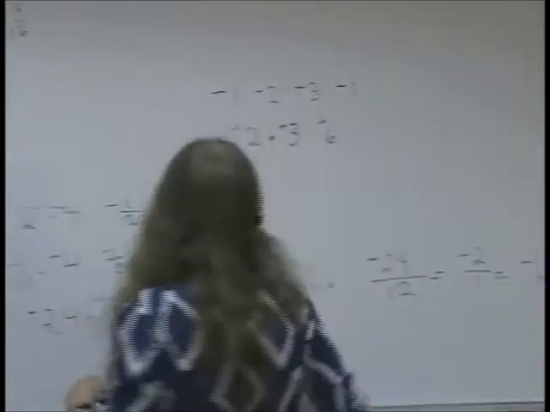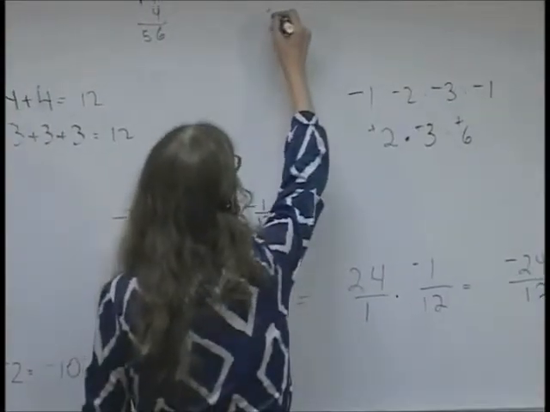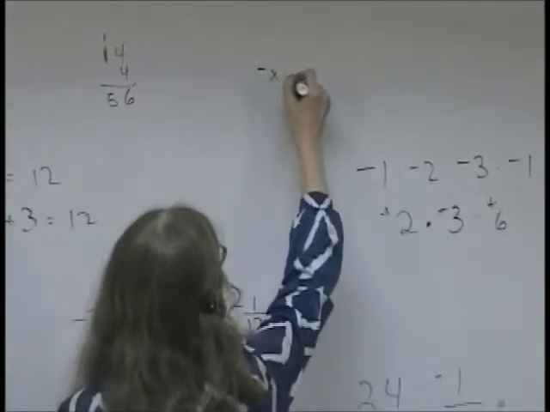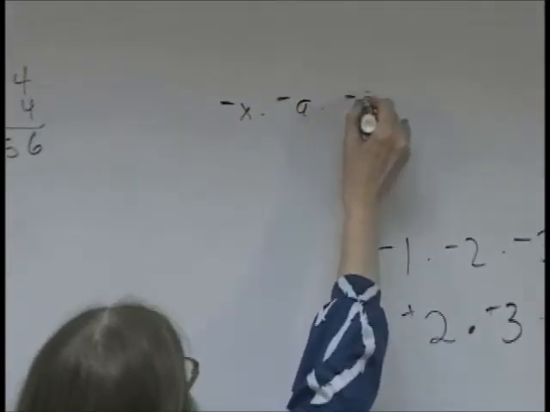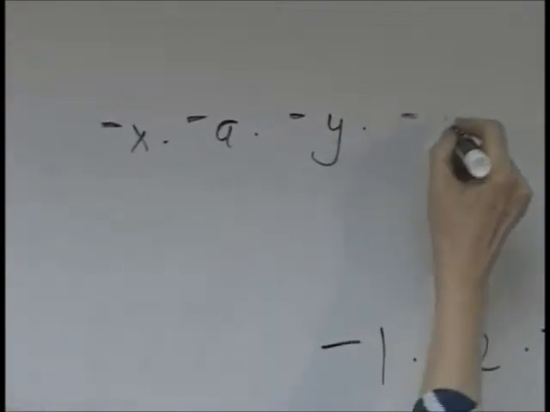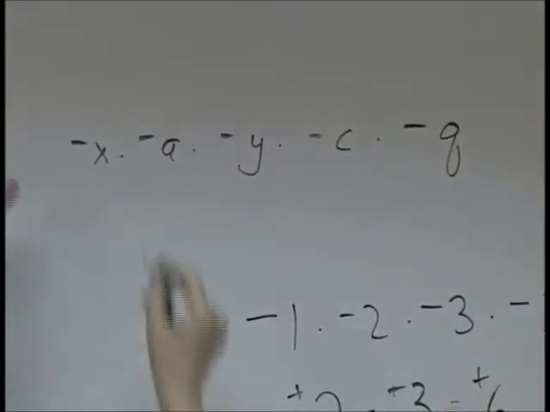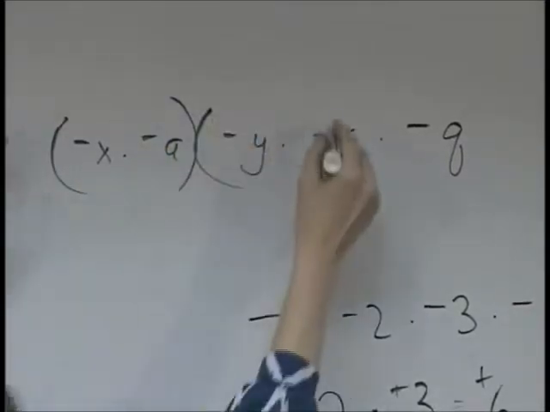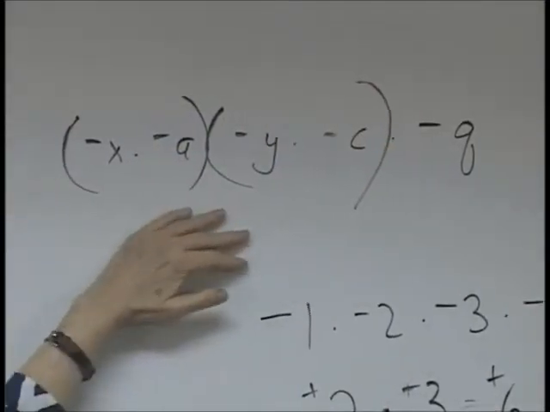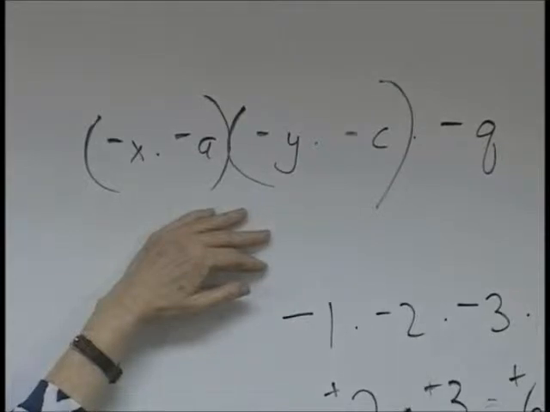And one way of thinking of that is that if you have a bunch of numbers, negative x times negative a times negative y times negative c times negative q, or whatever, if I group them, every grouping of 2, a negative times a negative is a positive.